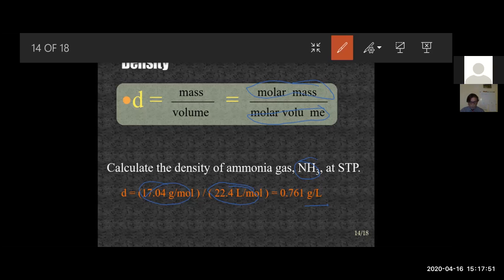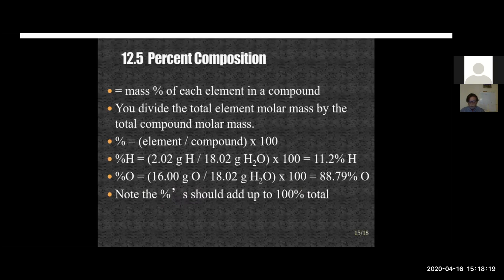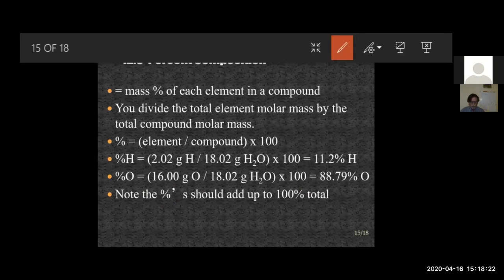Okay. Now, the percent composition. This aspect is pretty straightforward. I just mentioned the molar mass. To calculate the molar mass of any molecule, we add up all the atoms and so forth. Well, we can take it one step further. Okay, let's take water. We did water earlier. Water had 2 hydrogens, 1 oxygen. The total molar mass for water was 18.02 grams.